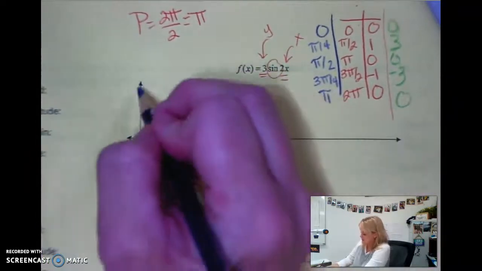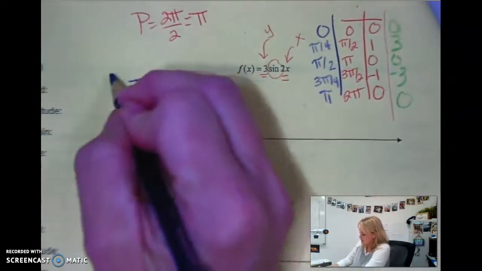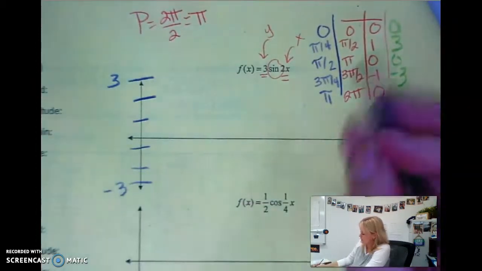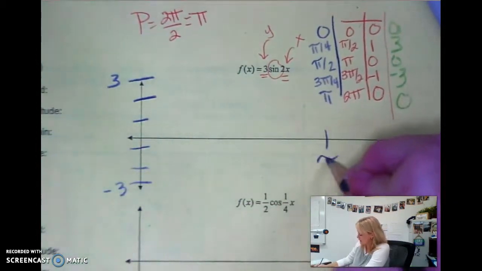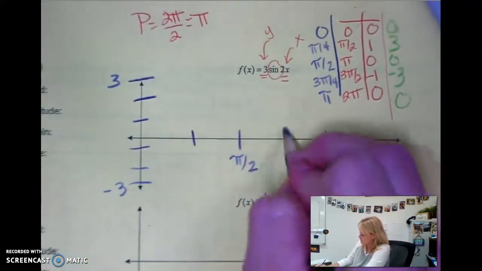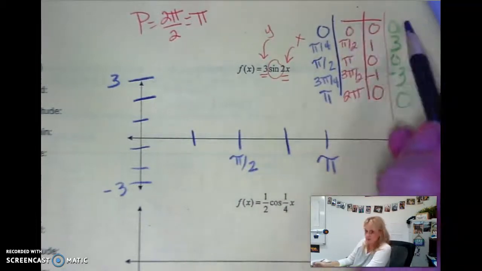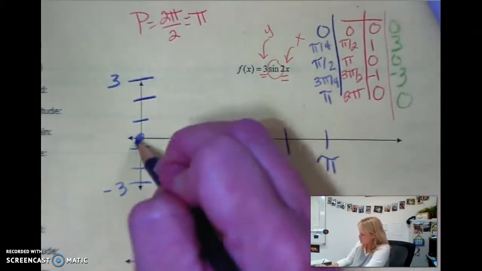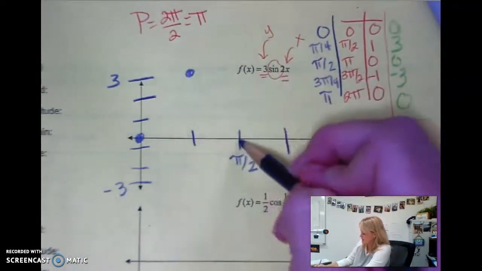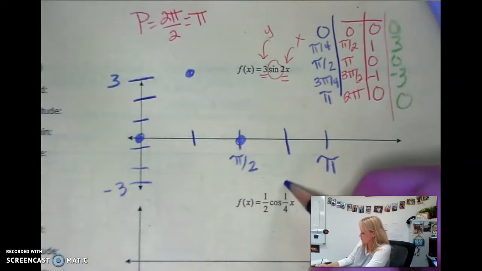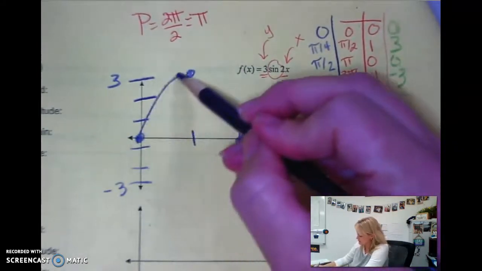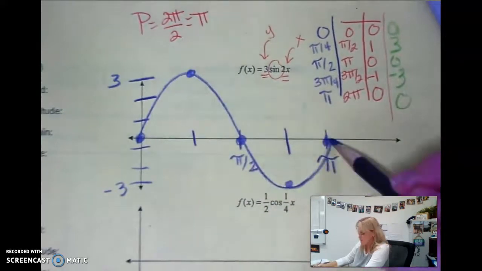I'm going to go as high as 3, as low as -3. I'm going to end at pi and cut all of this in half. So I have 0, 0. I have 1/4, 3, 1/2 pi 0, 3/4 -3, and pi back to 0 again. And there is my sine wave.